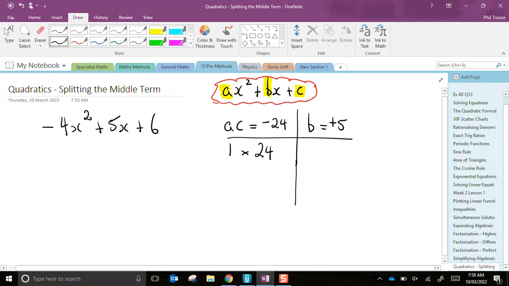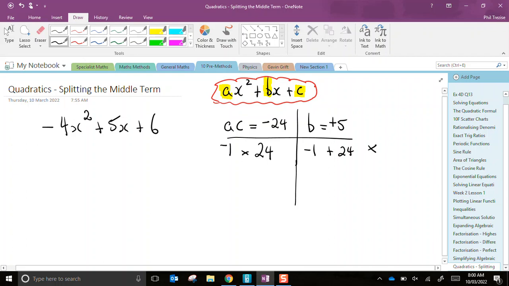Of course, negative 24 is the result I'm looking for, so I'll need to make sure that one of these numbers is negative and one is positive. And importantly, when I add these two numbers, I want them to give me a positive answer. So that tells me that the smaller one of the pair should be the negative. Now, does negative 1 plus 24 equal the value of b? No, it does not. These are not the numbers I need.